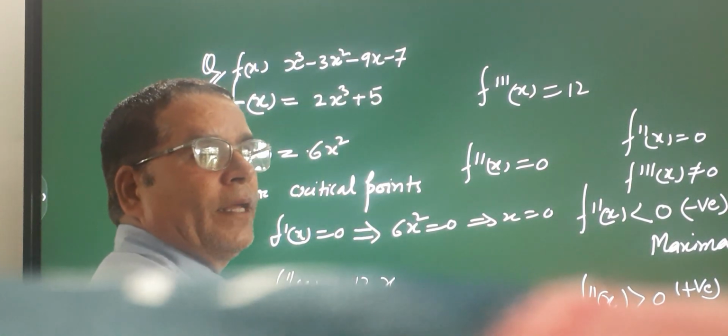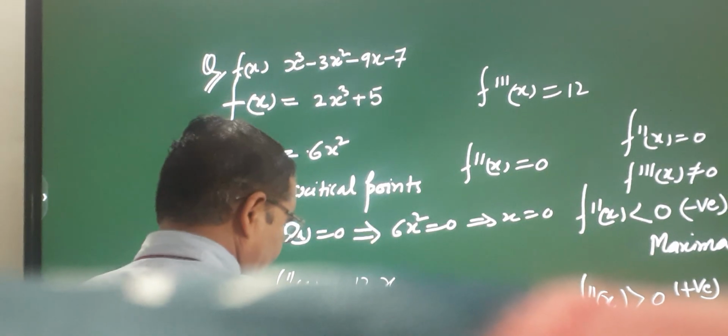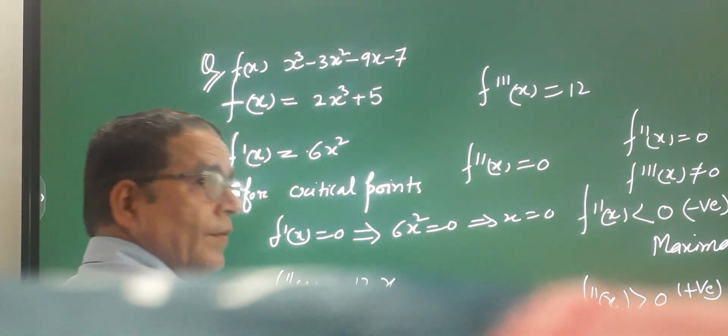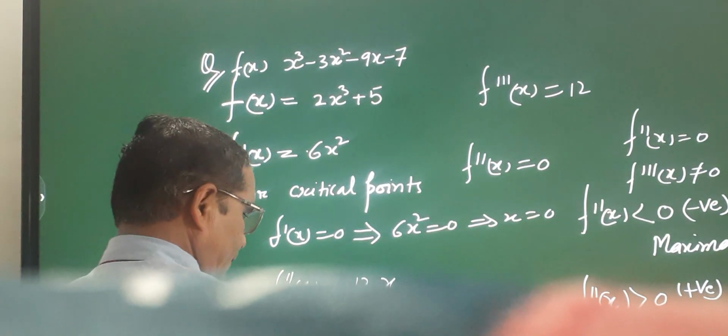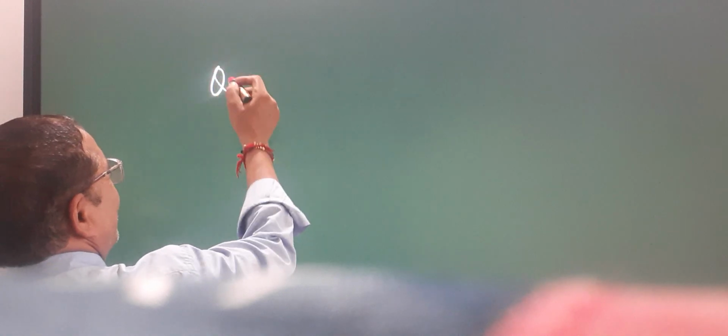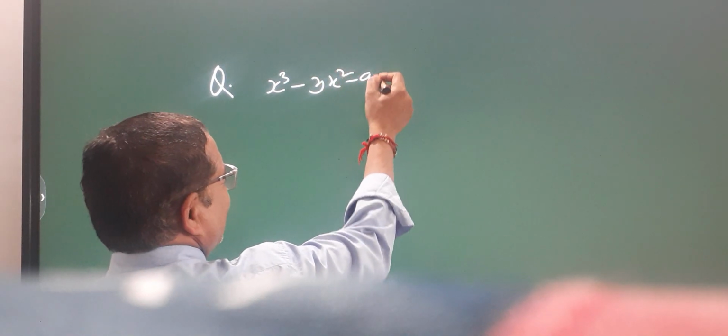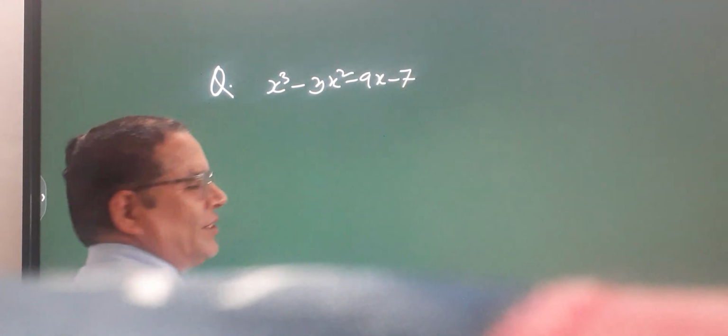Done? Himanshu, done? Can I clear it? Noted? Yes. Okay, so the question is x cube minus 3x square minus 9x minus 7.